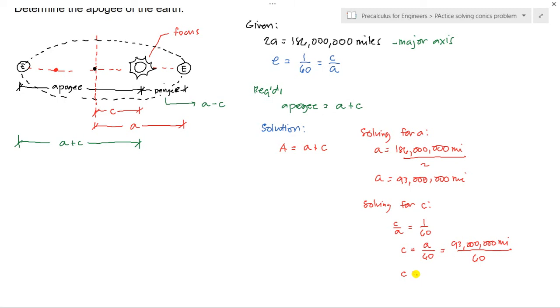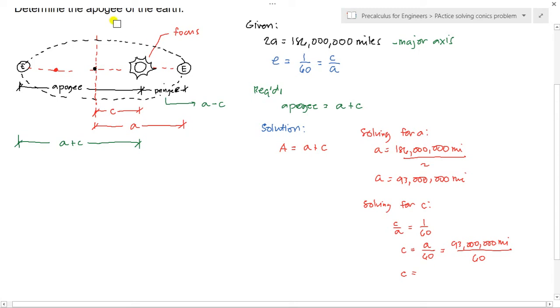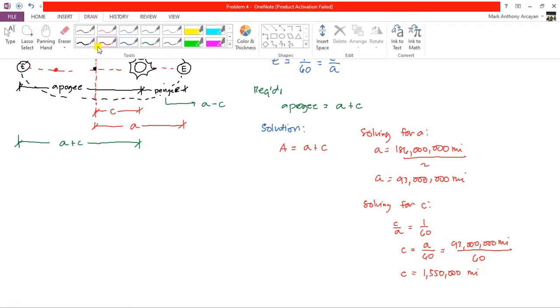The answer is 1 million 550,000 miles. So adding C and A, we get the apogee of our earth.